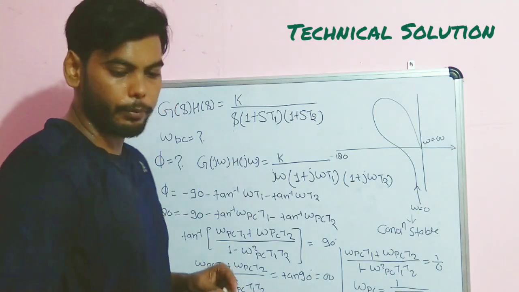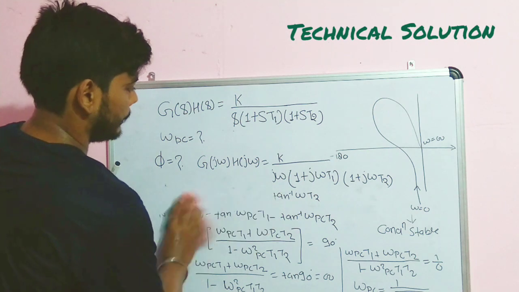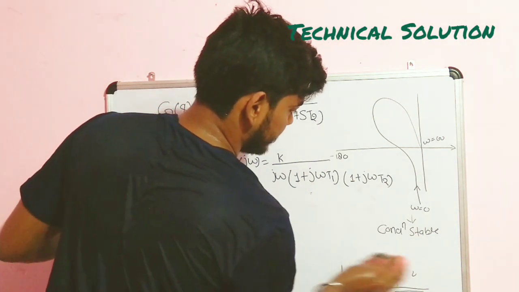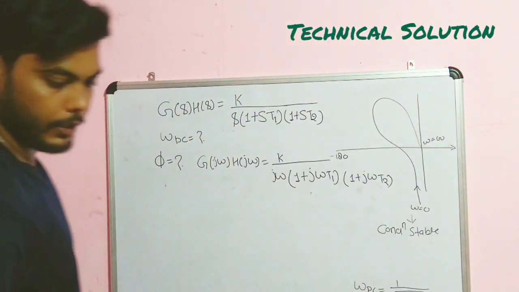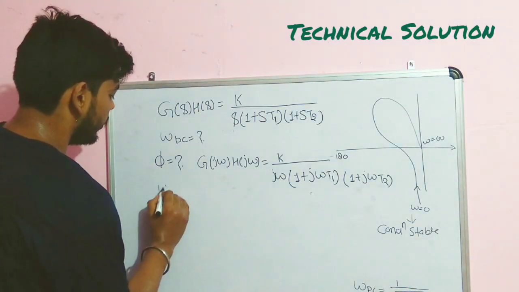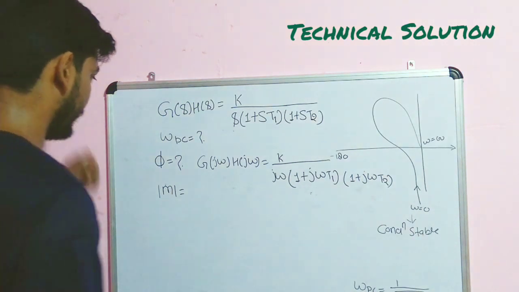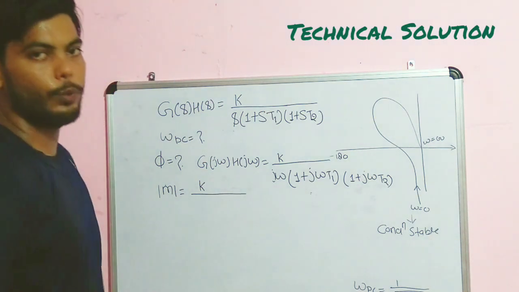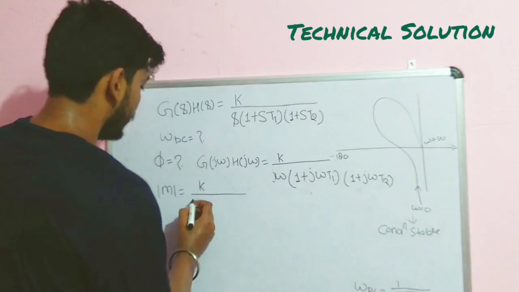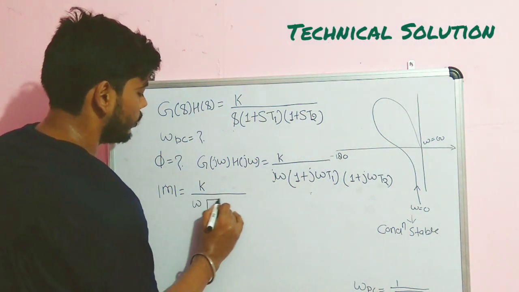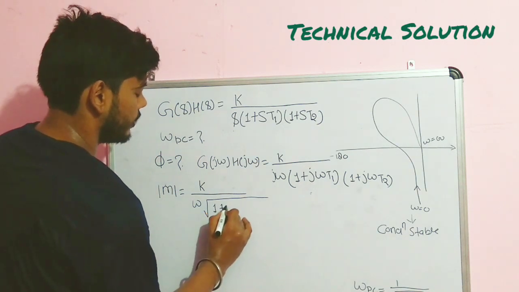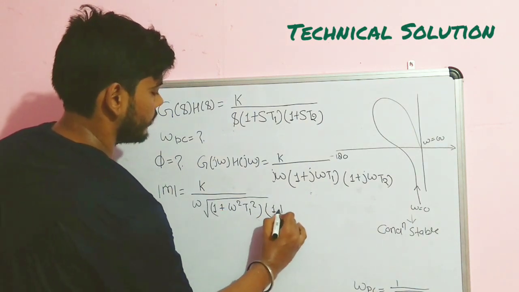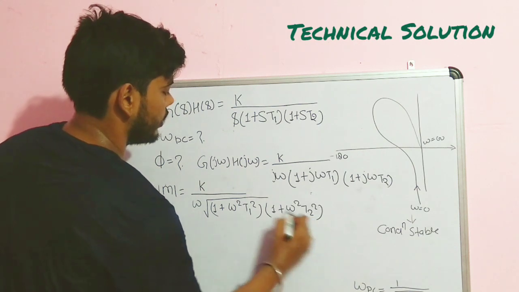So next we find the magnitude. The magnitude is k upon omega, since it is j omega only, where only the imaginary part is present, so the magnitude of j omega is omega, times root of (1 plus omega square t1 square)(1 plus omega square t2 square).